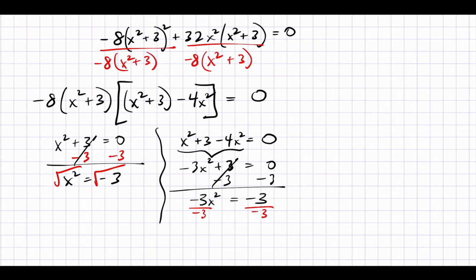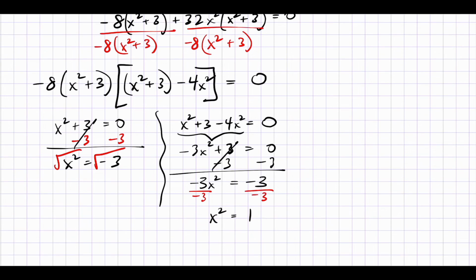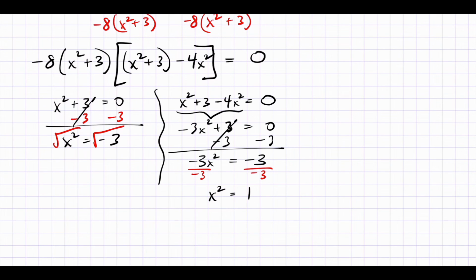Divide by 3, divide by 3. X squared equals 1. That I can take the square root of, because that's a positive number. So I get +1 and -1 as answers. So I get 2 answers. Anytime I take the square root of something, you always get 2 answers.